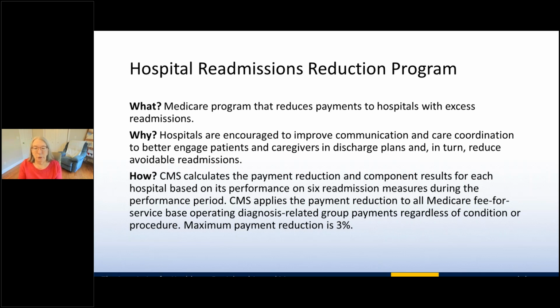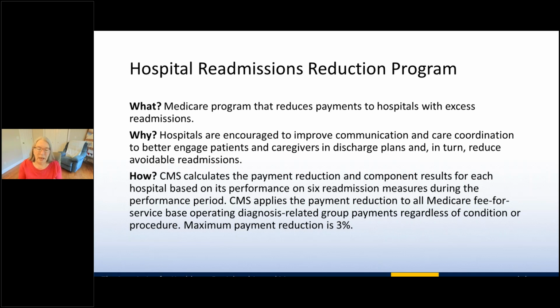So when a patient is admitted with one of those 6 measures, they're going to look at any time a patient is readmitted within 30 days when their first admission was one of those 6 readmission measures. It doesn't matter why they're admitted for the second time, and I'll talk about that a little bit, but the first time needs to be one of those 6 readmission measures.